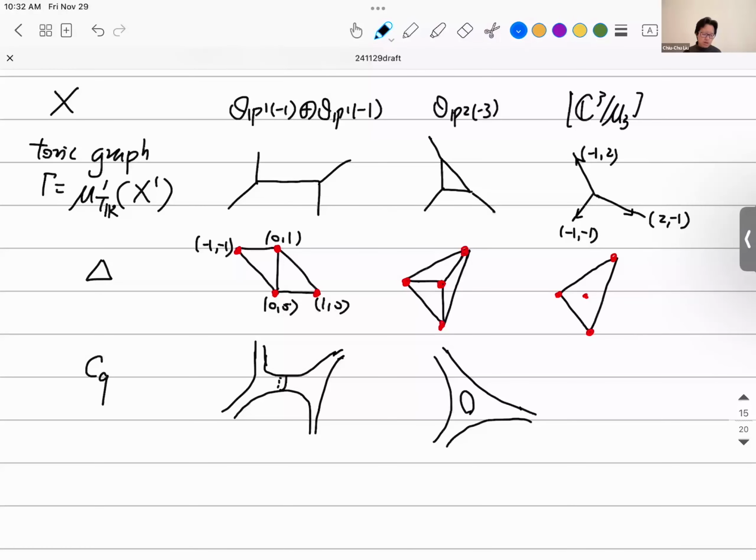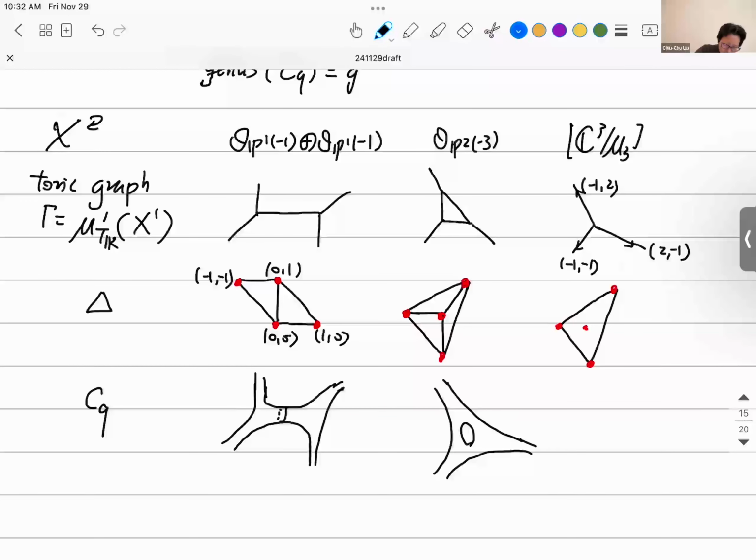Now let's say curly X, so actually I should write curly X. This is a Kähler orbifold, and then we have the compact three-torus T_R, which is in our T. So it's a Hamiltonian group action.